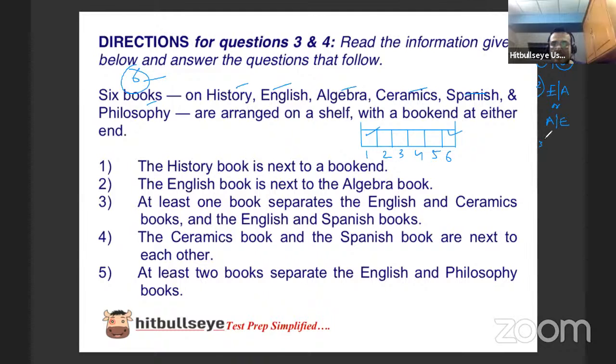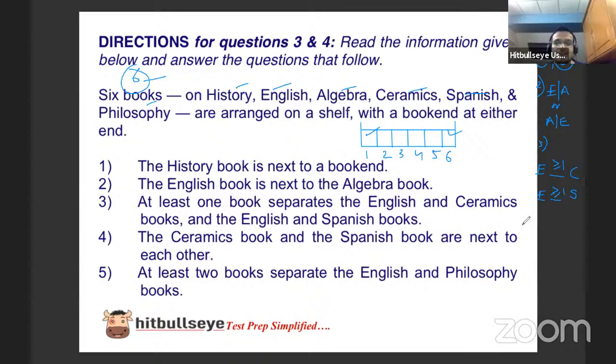At least one book separates the English and ceramics book. Okay, at least one book separates the English and ceramic, greater than or equal to 1, and the English and Spanish book. Similarly, E is greater than or equal to 1 from Spanish. At least one book is in between them.